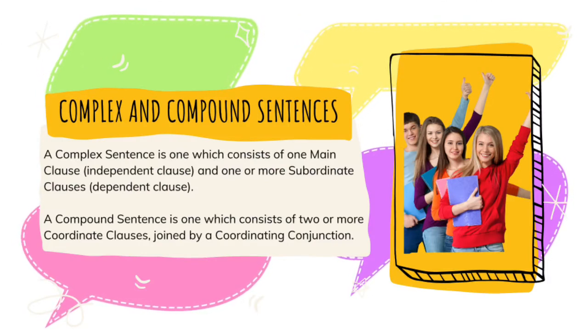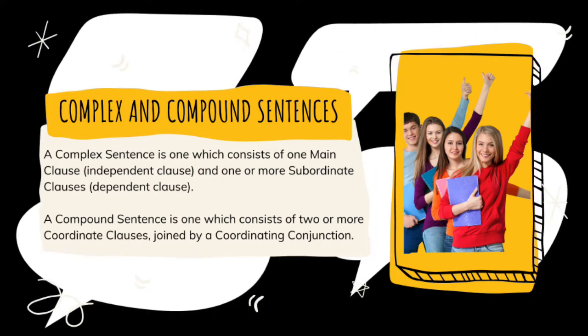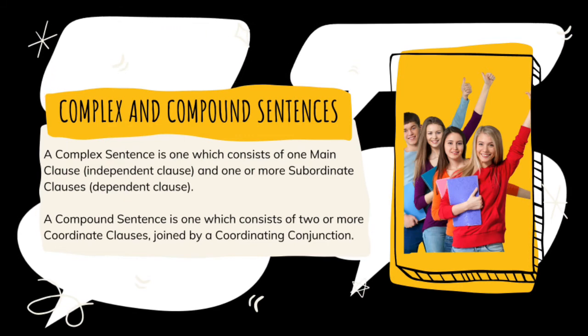Compound basically consists of two or more coordinate clauses, so we have conjunctions like and, but, or yet. But complex has one main clause and one or more subordinate clauses, dependent clauses.